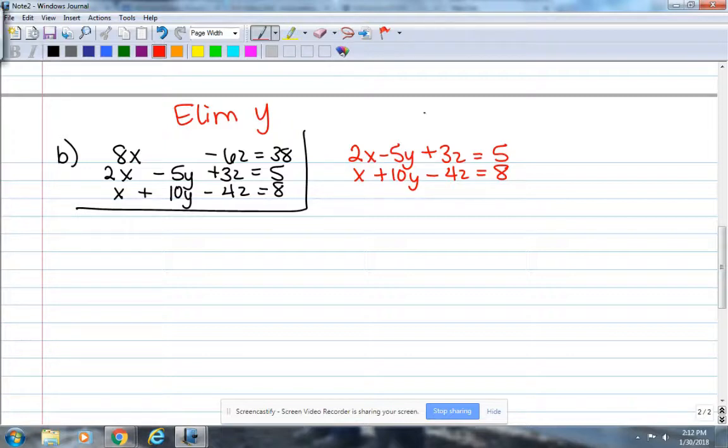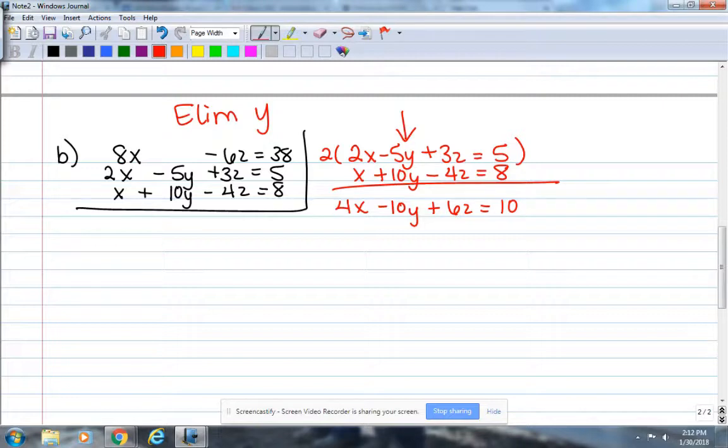So I'm looking at these y's right here. One of them's positive 10y, so I can make the other one negative 10y by multiplying the top row by 2. So that's what I'm going to do first. So 2 times 2x is 4x. 2 times negative 5y is negative 10y. 2 times 3z is 6z. Equals 2 times 5 is 10.